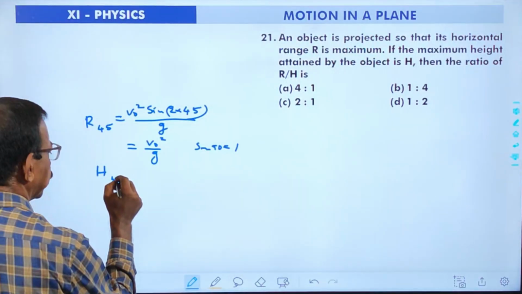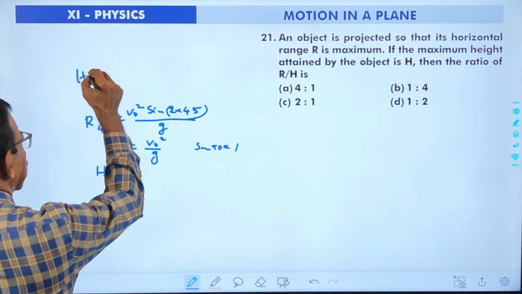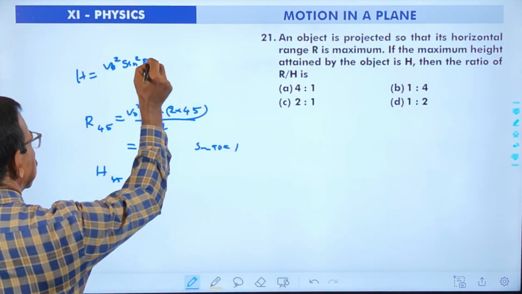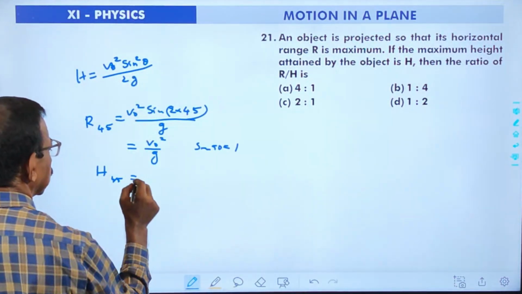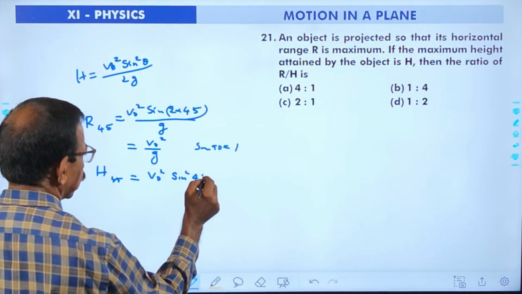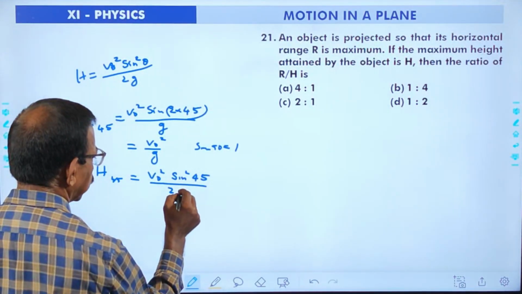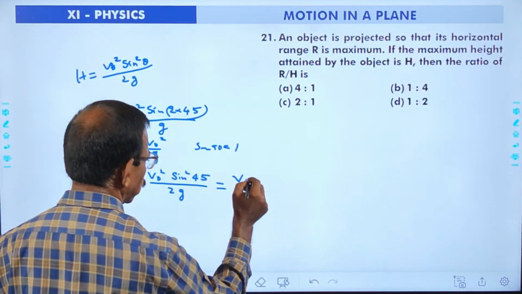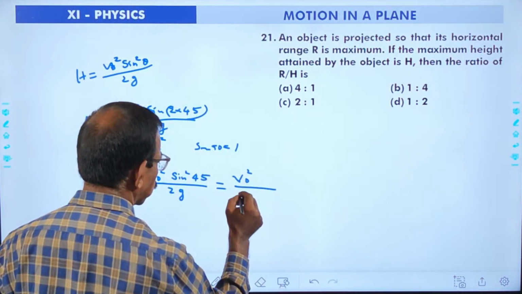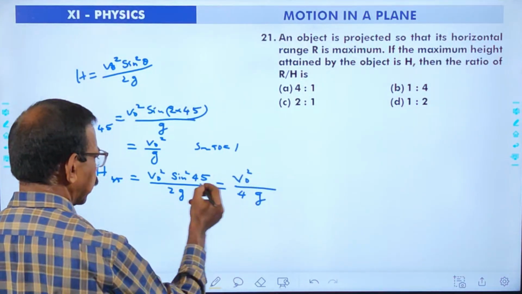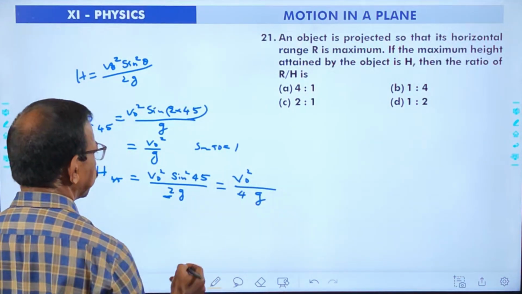H at 45 degree. H is given by V0 square sine square theta by 2g. That means V0 square sine square 45 divided by 2g. As you know, sine 45 is 1 by root 2, so sine square 45 is 1 by 2, and the remaining 2 gives V0 square by 4g.